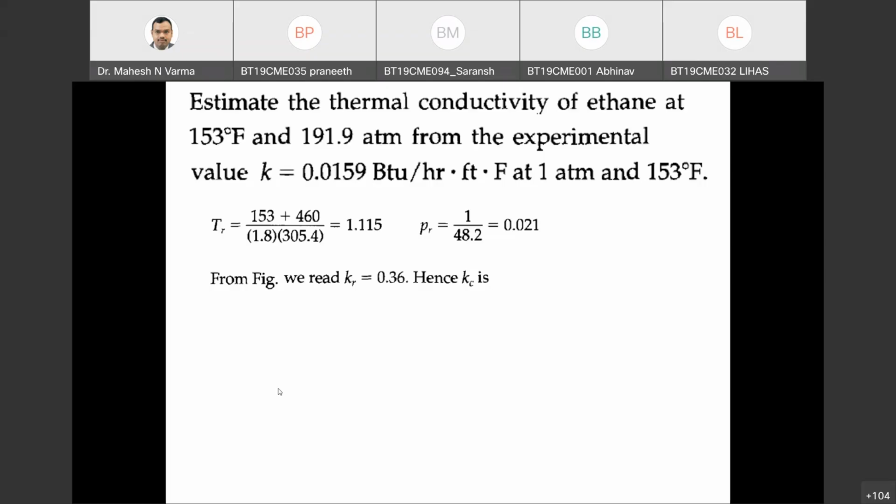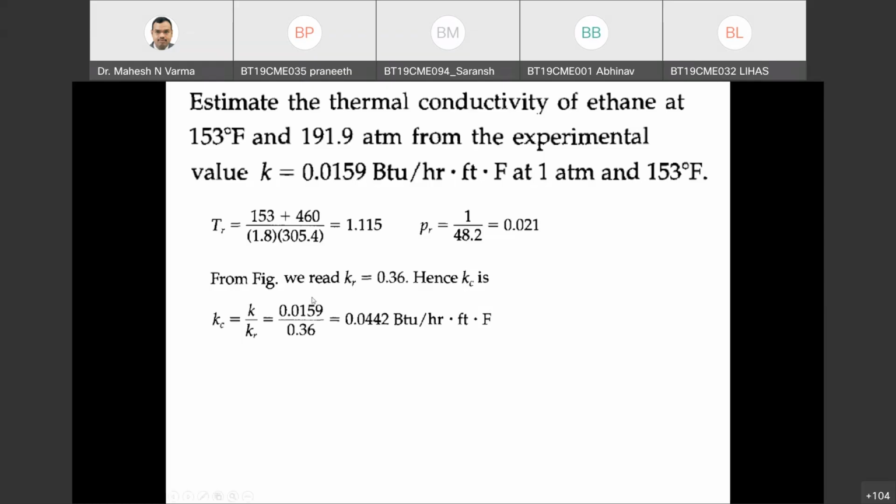Whatever the unit of this thermal conductivity is here, you can make sure temperature and everything is accordingly converted. So you get 0.0442 BTU per hour per feet degree Fahrenheit.